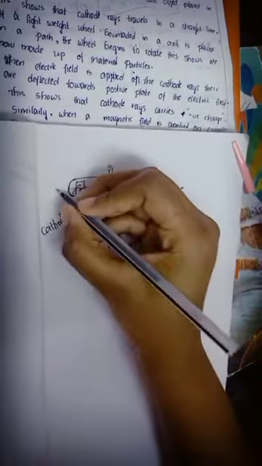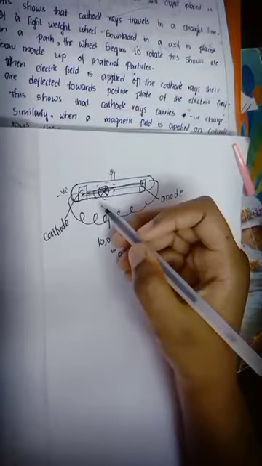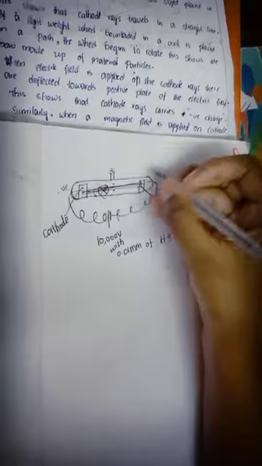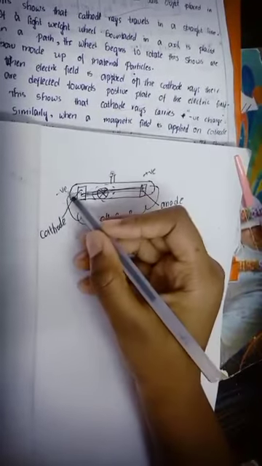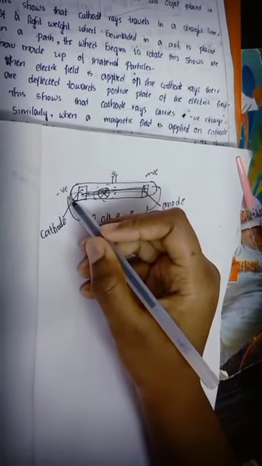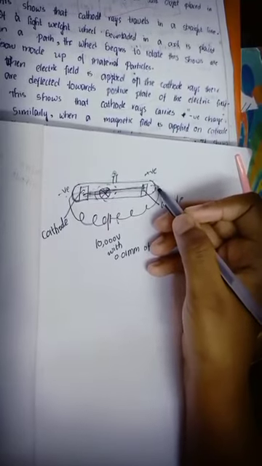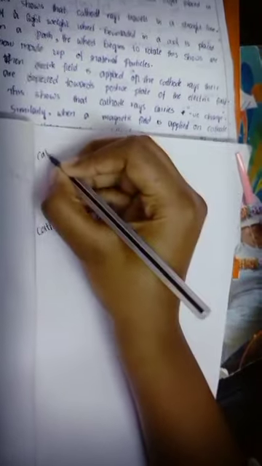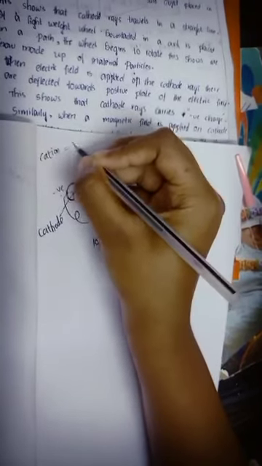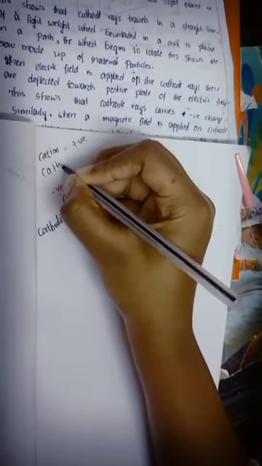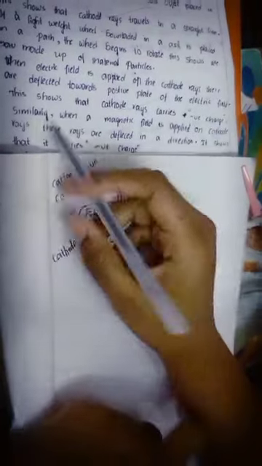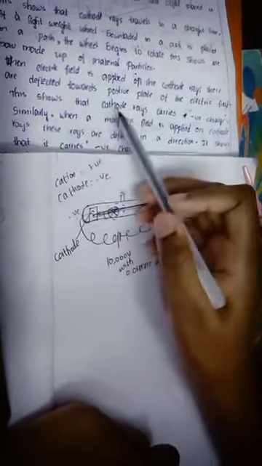See, cathode is negative, so it attracts to the positive charge. That means cathode carries negative charge and anode carries positive charge. Don't confuse that: anode is positive and cathode is negative. This shows that cathode rays carry negative charge.